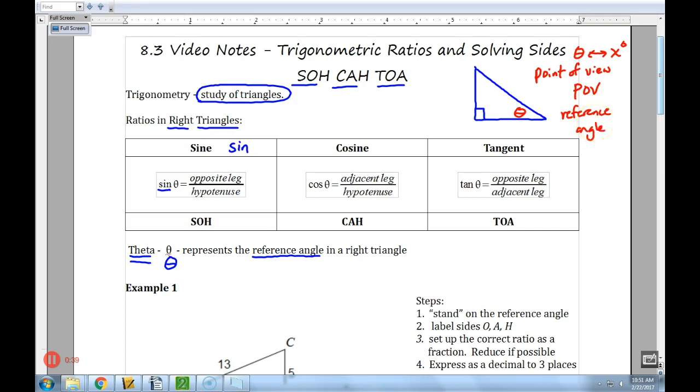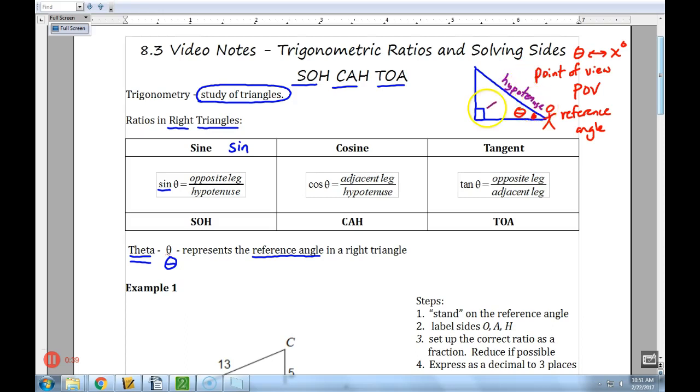Because if this is my reference angle right here, I like to think of it as a person standing on this angle. Well, there are three different sides here. The side across from the 90 is always called the hypotenuse. This side right here, which I'm going to do in purple, is always the hypotenuse.